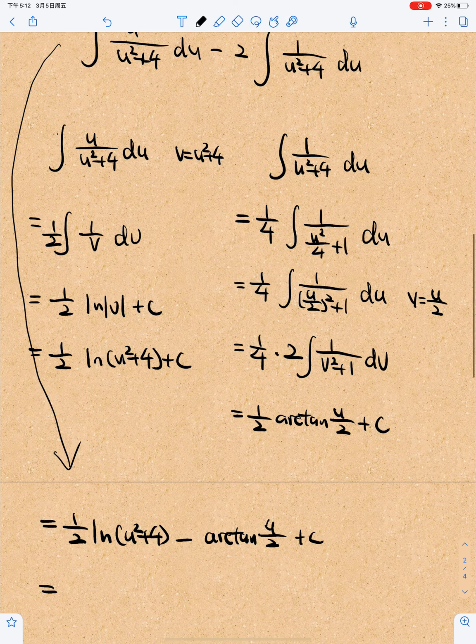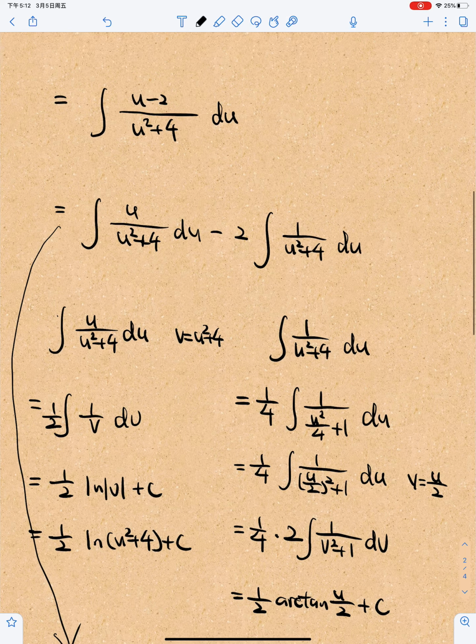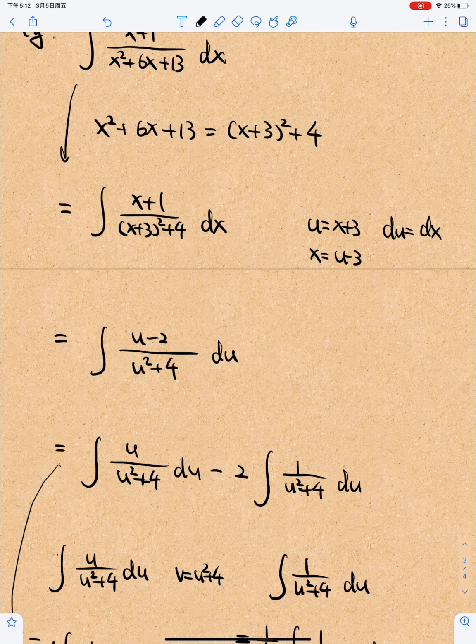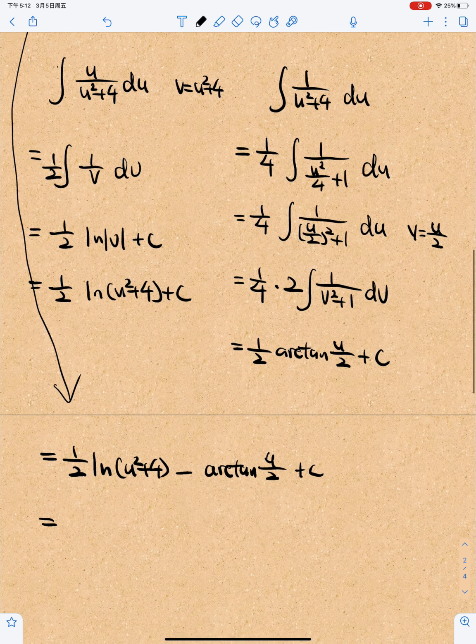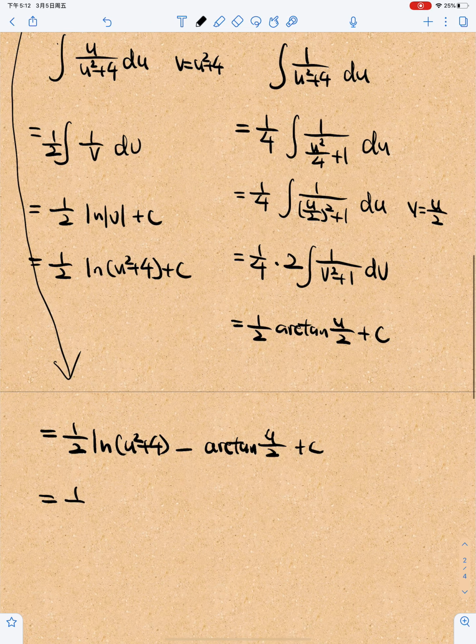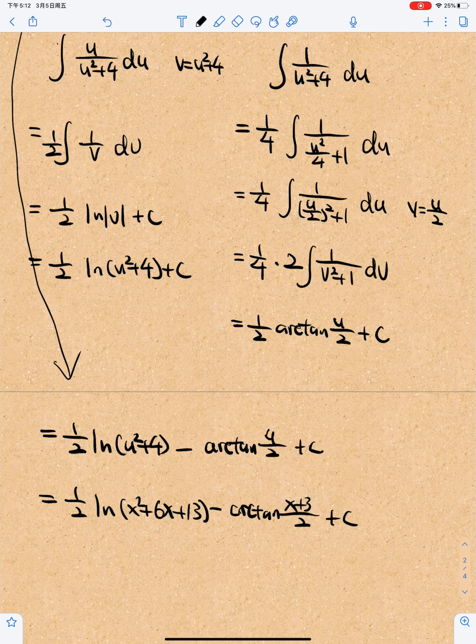For the final answer, we need to substitute u equal to x plus 3 back, and therefore we get 1/2 natural log (x squared plus 6x plus 13) minus arctan ((x plus 3) over 2) plus c. So this is the final answer for this question.